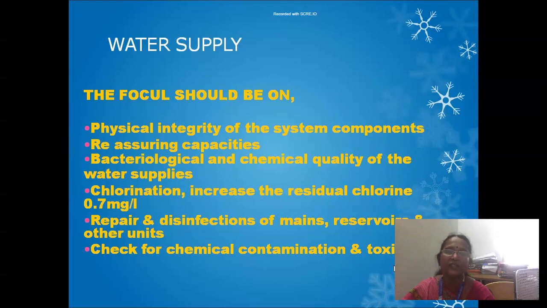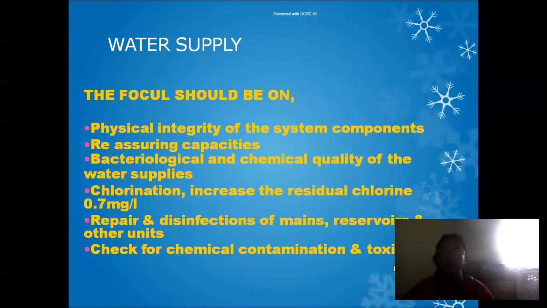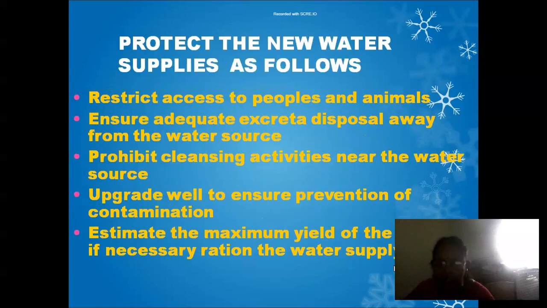Check the physical integrity of the system components, reassure the capacity, and the bacteriological and chemical quality of the water supply. The water is to be chlorinated, increasing the residual chlorine up to 0.7 milligram per liter, and we have to do the repair and disinfection of mains and reservoirs and other water units, and check for chemical contamination and toxicity.